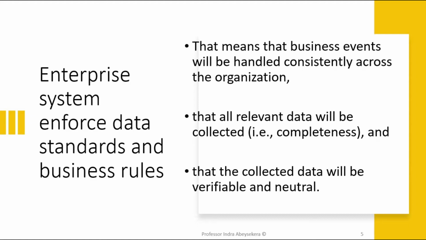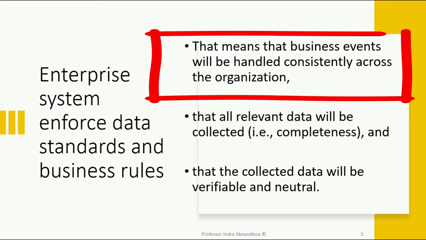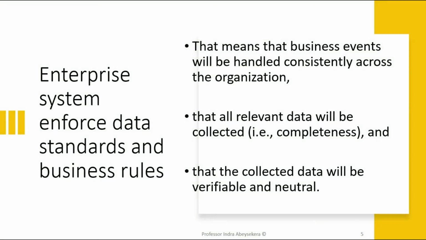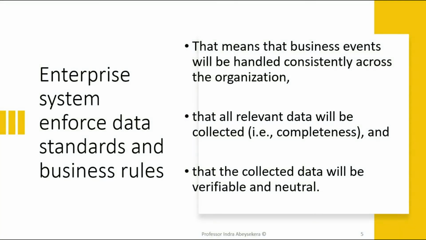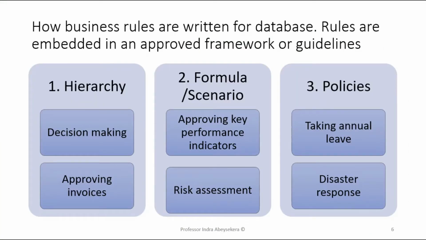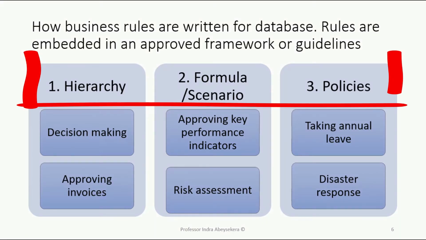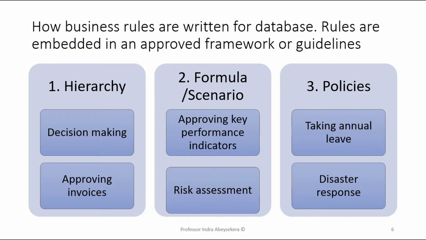That means that business events will be handled consistently across the firm. All relevant data will be collected, and those collected data will be verified. There are three types of business rules that are embedded in an enterprise system.